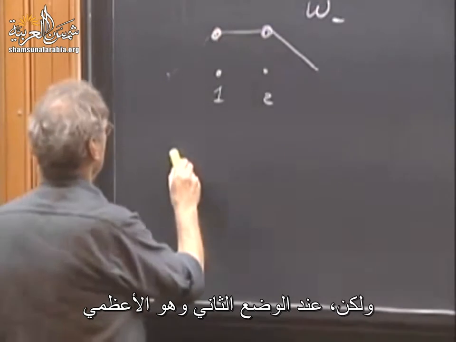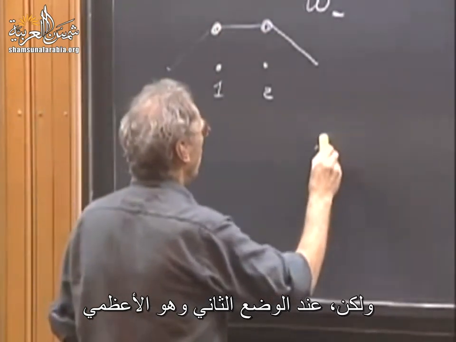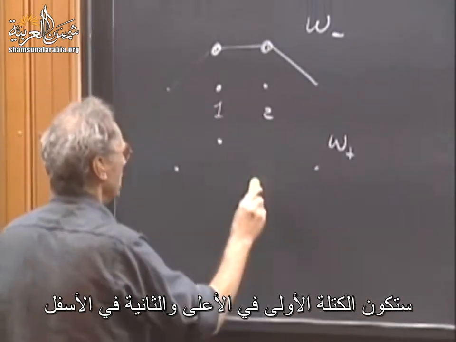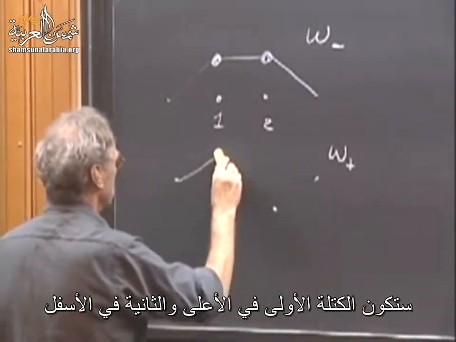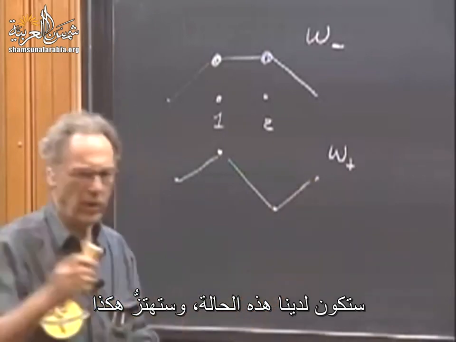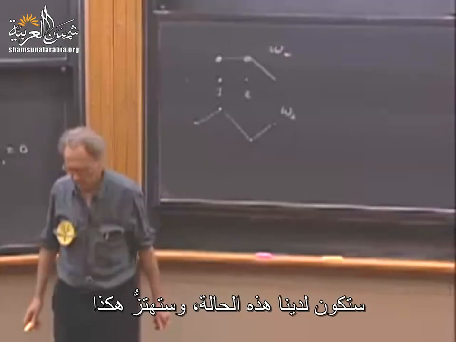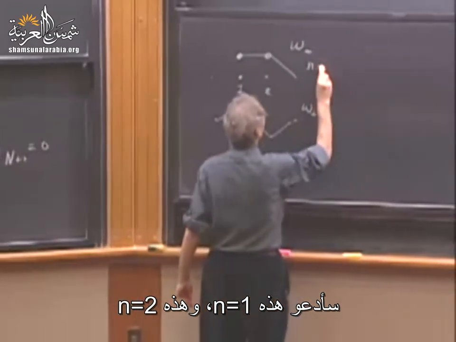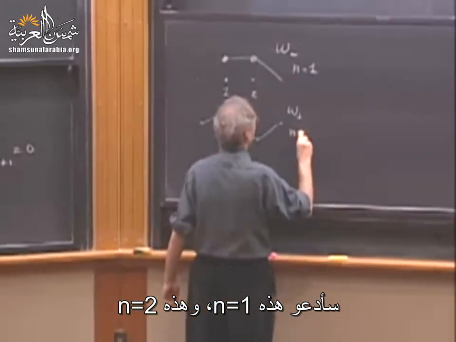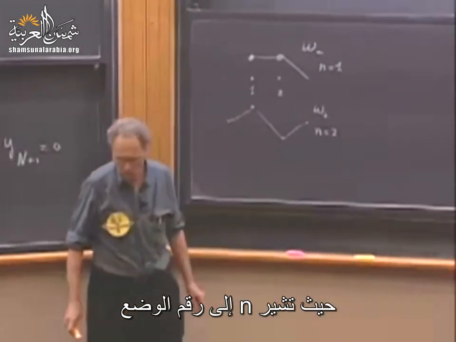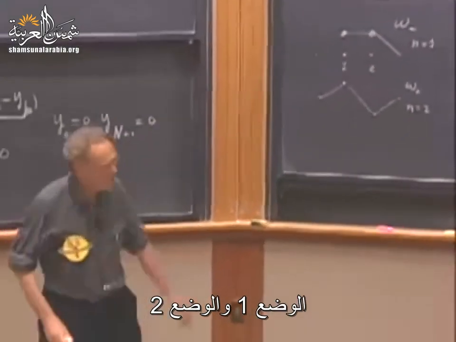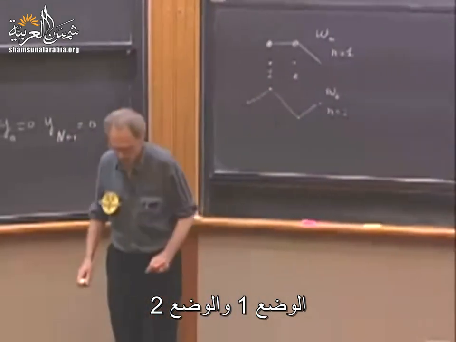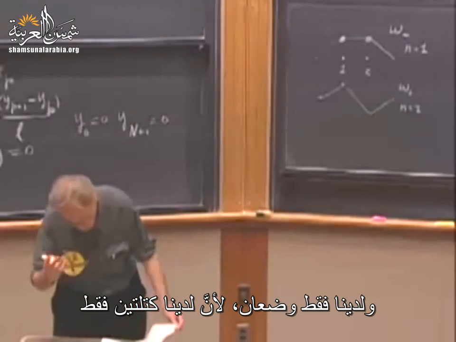But you can also imagine that in the second mode, which is the highest one, number 1 is up, and then number 2 is down. So you get this situation, and they oscillate like this. I call this little n equals 1, and I call this little n equals 2, n referring to the mode. Mode 1, I will use this n later on, and this is mode number 2. There are only 2 modes because there are only 2 particles.